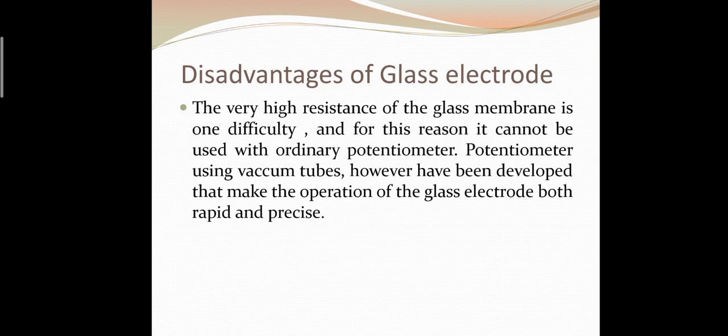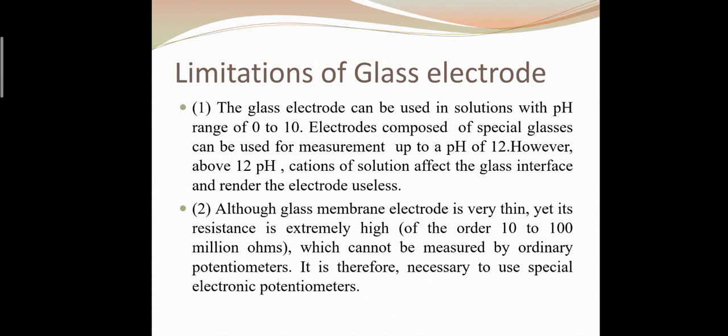Now every phenomenon has some limitations, so there are some limitations of the glass electrode. The glass electrode can be used in solutions with pH range only from 0 to 10. Electrodes composed of special glasses can be used for measurement up to pH 12.